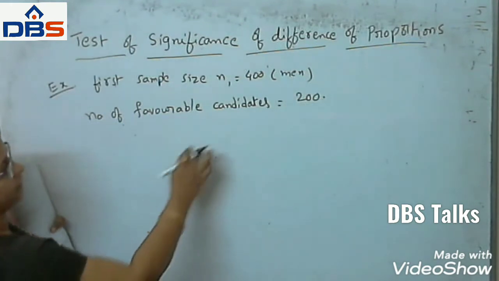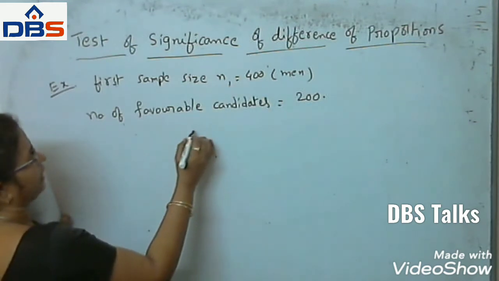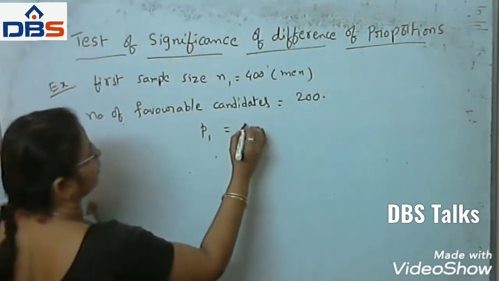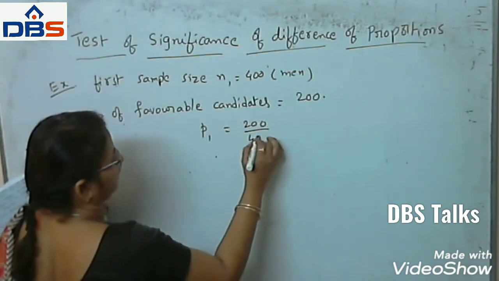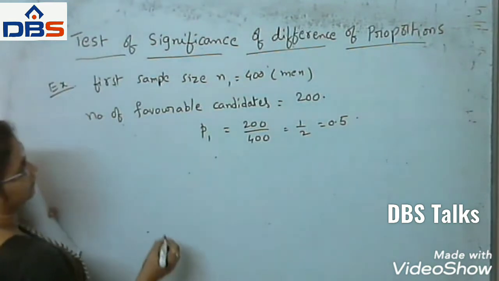So for the proposal, 200 men are favorable out of 400. So the sample proportion P1 equals 200 by 400, that is 1 by 2, 0.5.